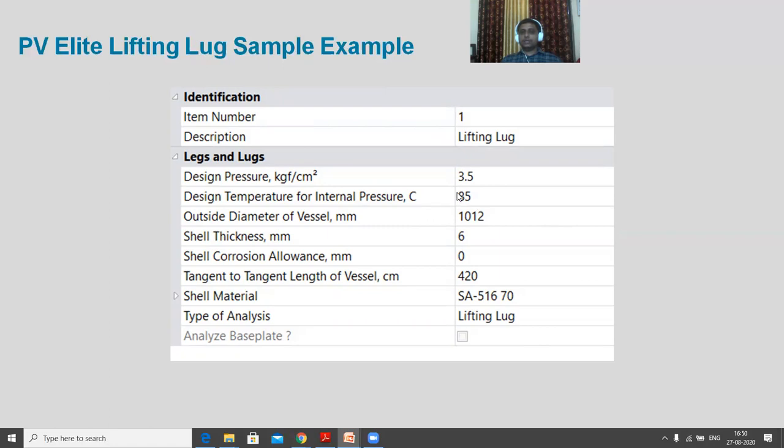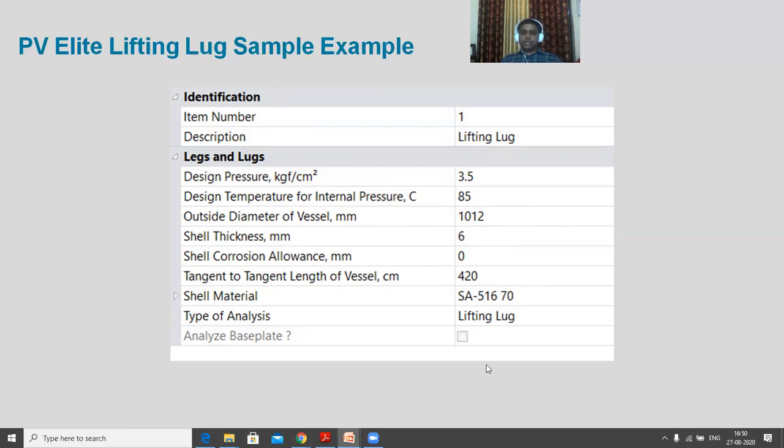Usually this will be the temperature at which we are going to lift that equipment, so it will be the atmospheric temperature, because at that temperature it will consider the allowable stress value for that material. Even though your design temperature could be anything, for lifting purposes you have to mention the ambient temperature. Then the OD of your vessel, shell thickness, corrosion allowance, tan to tan length, and shell material.